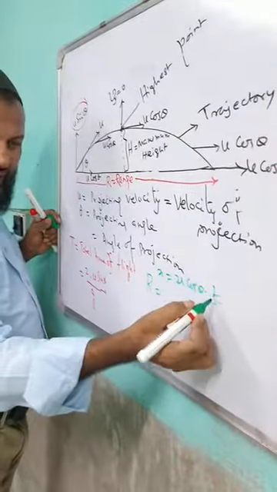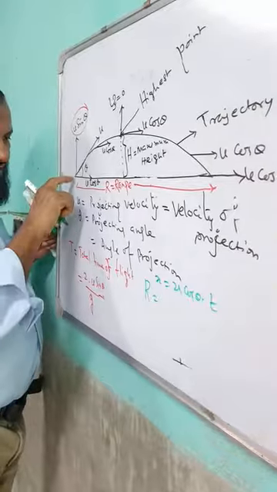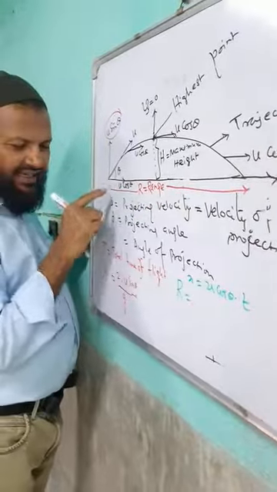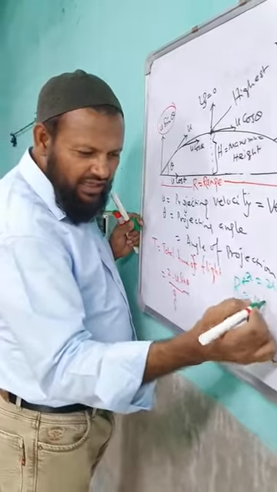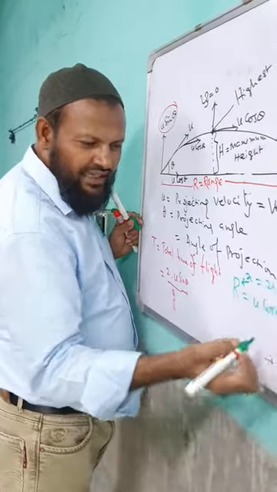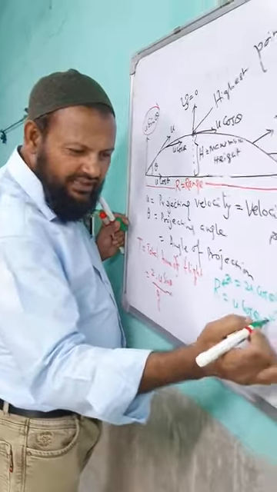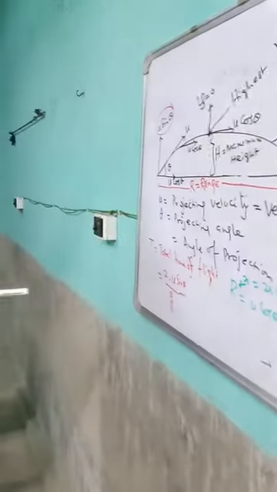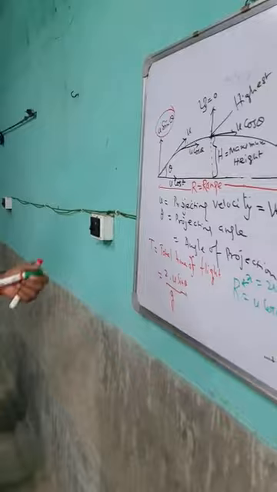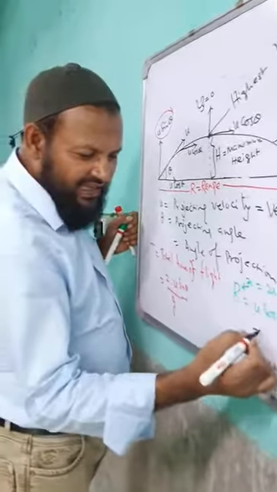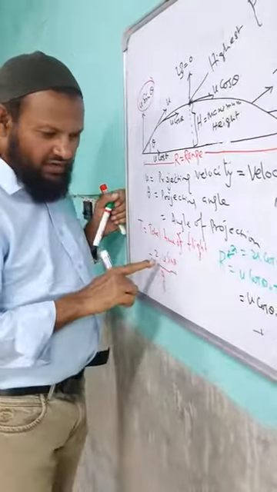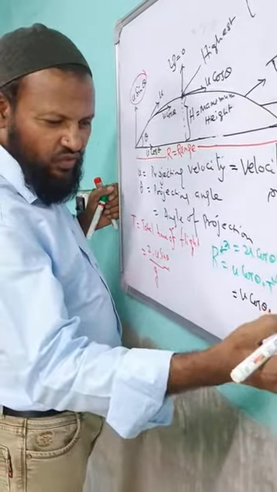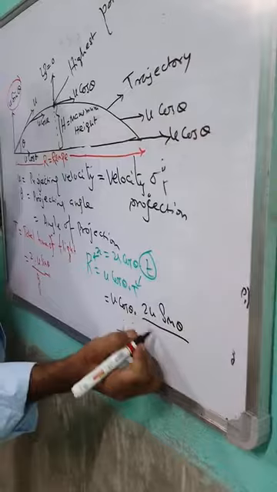When small t is capital T, then x equals R. I am putting x equal to R. U cos theta is constant, and t will be capital T. Now put the value of capital T: T equals 2u sin theta by g.